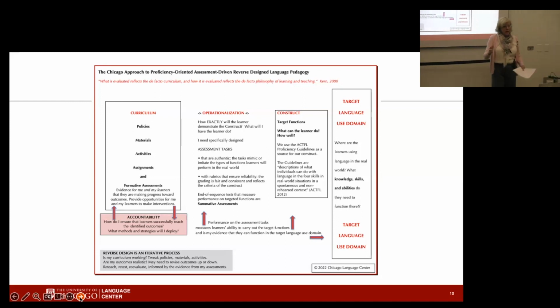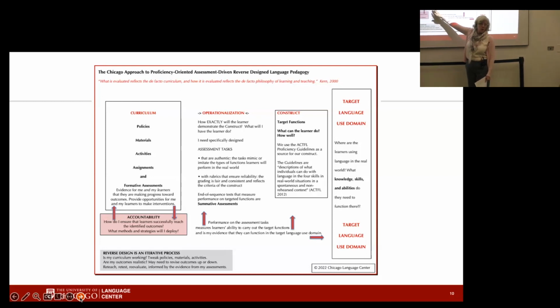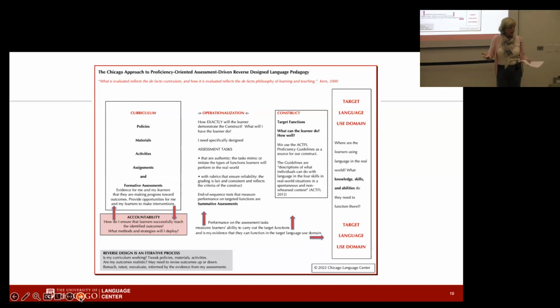And in reverse design, only when all of this is in place, your target language use domain, your ACTFL outcomes, your 4 skills proficiency test, do we turn to the curriculum and say, how am I teaching? What am I teaching? What might I need to change?